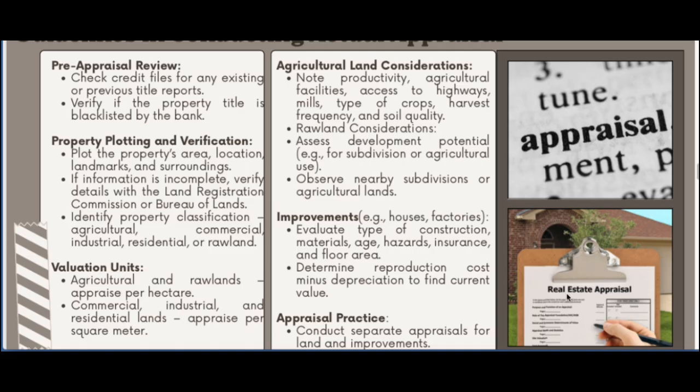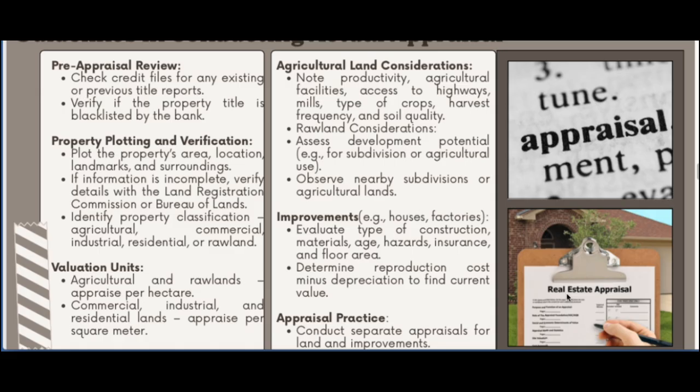Determine reproduction cost minus depreciation to find current value. To find the current value of these improvements, appraisers estimate the cost to rebuild them from scratch, then subtract any depreciation, which is the loss of value over time due to wear and tear or age.